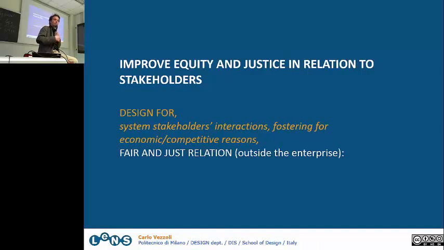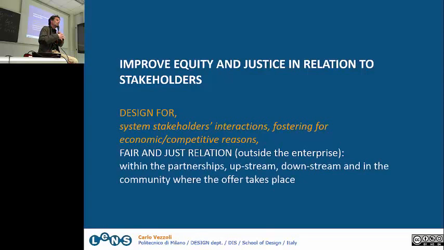And so the point is that there are several stakeholders along the value production system, and that means designing such a stakeholder interaction that is fair, that produces a fair and just relation with these other stakeholders. Okay?